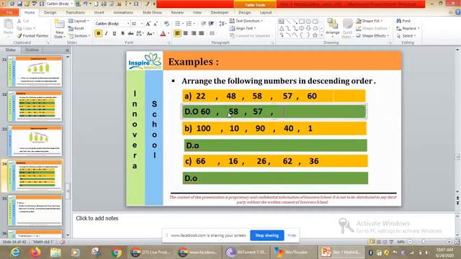After 48, 22. So this is the descending order: 60, 58, 57, 48 and 22. Now see the next example.